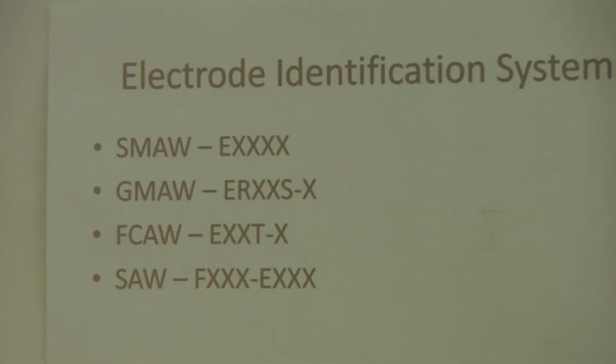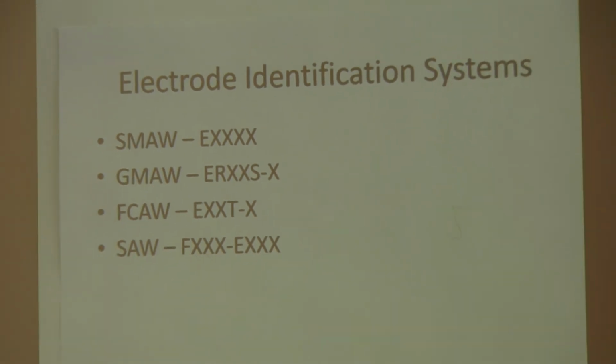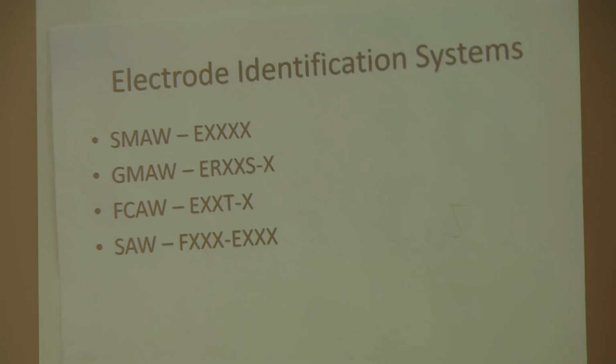Next, I wanted to just talk a little bit about electrode identification systems. And this is just part of that general knowledge, understanding when a weld procedure says you've got to weld with shielded metal arc welding, which is stick welding, and you've got to use E7018 electrodes, you need to understand what that means.